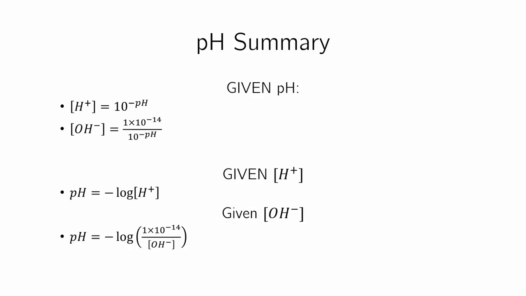And in summary, if I give you the pH and you want to know the concentration of H, do that. If I give you the pH and you want to know the concentration of OH, do that. If I give you the concentration of H and I want you to find the pH, do that. If I give you the concentration of OH and I want you to find the pH, do that. Those are the 4 things I just did. Those are the only 4 things I could do.